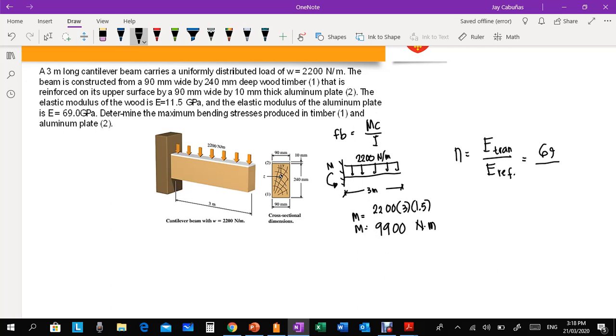Over E reference, ang E reference nato is what? We have 11.5. So you have now N is equal to 69 over 11.5. Then you have 6. 6 ang imong factor, or your modular ratio.